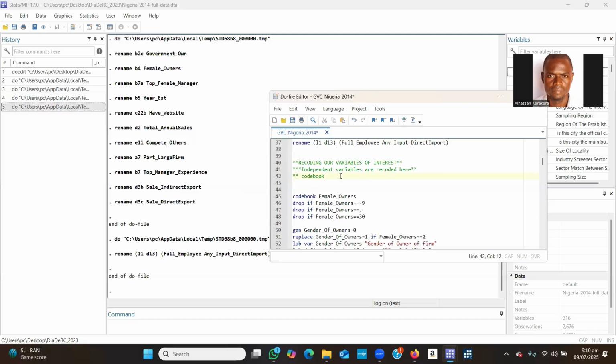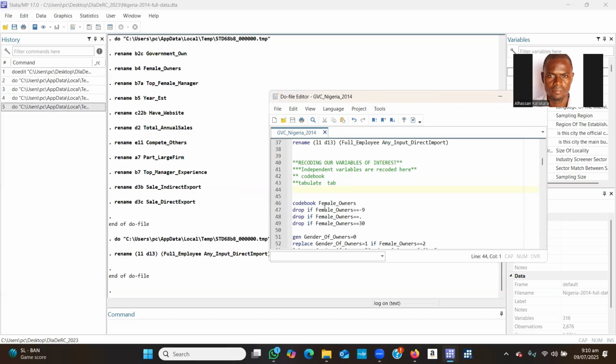If they are coded in a way that is good for you to run your analysis, you go by that. The codebook is one way, or you can use tabulate, which is easily typed as tab. If you tabulate, it is going to tabulate the variables for you. Then you'll be able to determine which of the variables are not in line, for you to decide on recoding.